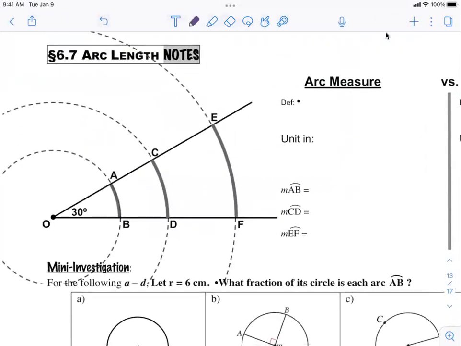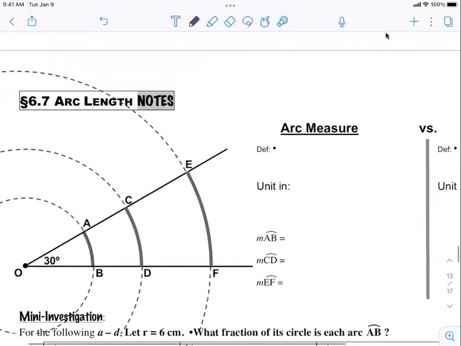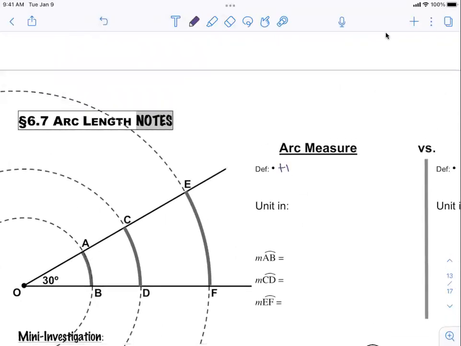So first, let's talk about the definition of an arc measure, the measure of an arc. And you're going to measure the arc in degrees. So we already know all the way around is 360.